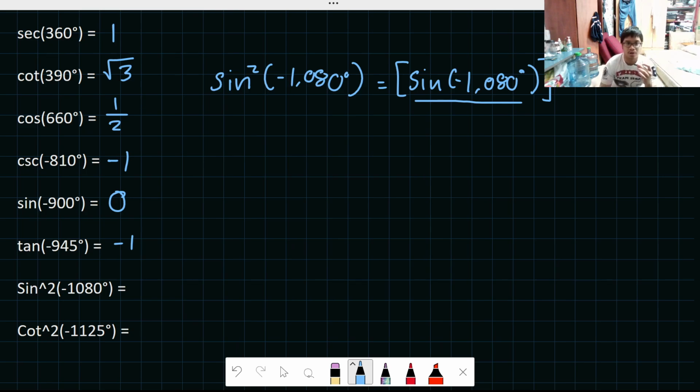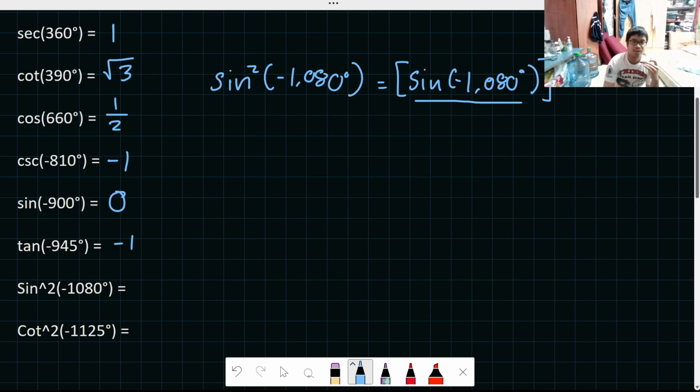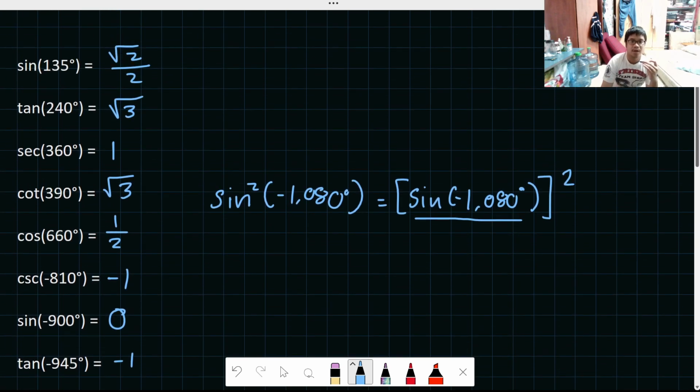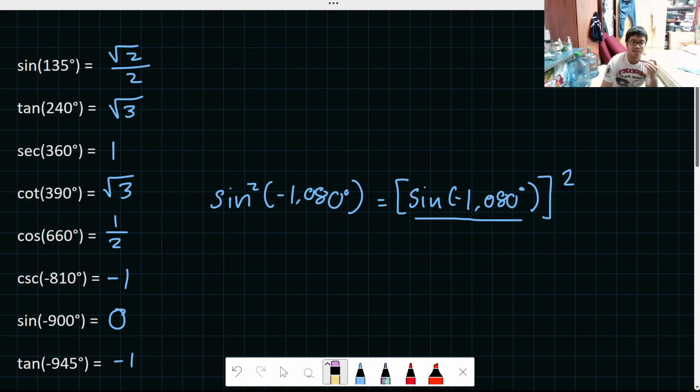If the angle is long, you can just graph it out, or you can get its coterminal angle if you like. Since I graphed this out, this is what it looks like. Sine squared of this is just the same as the square of sine of this.